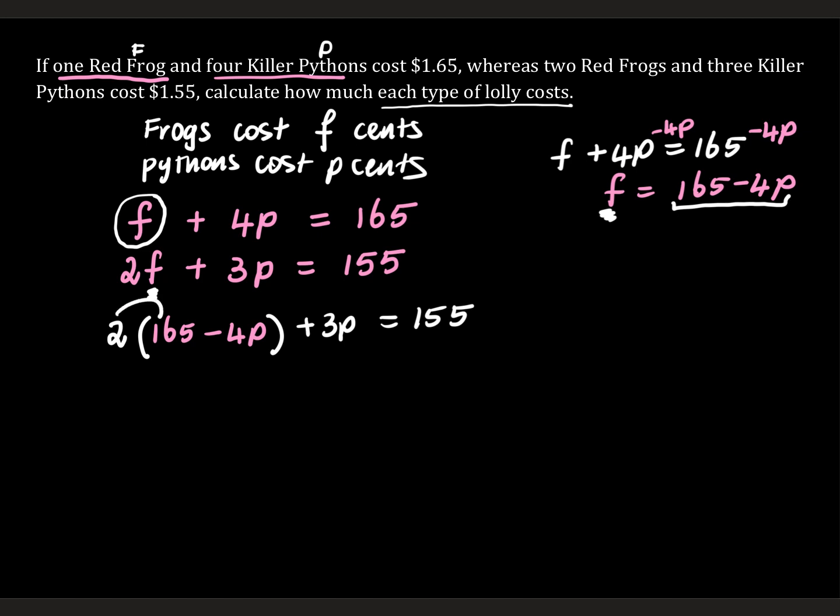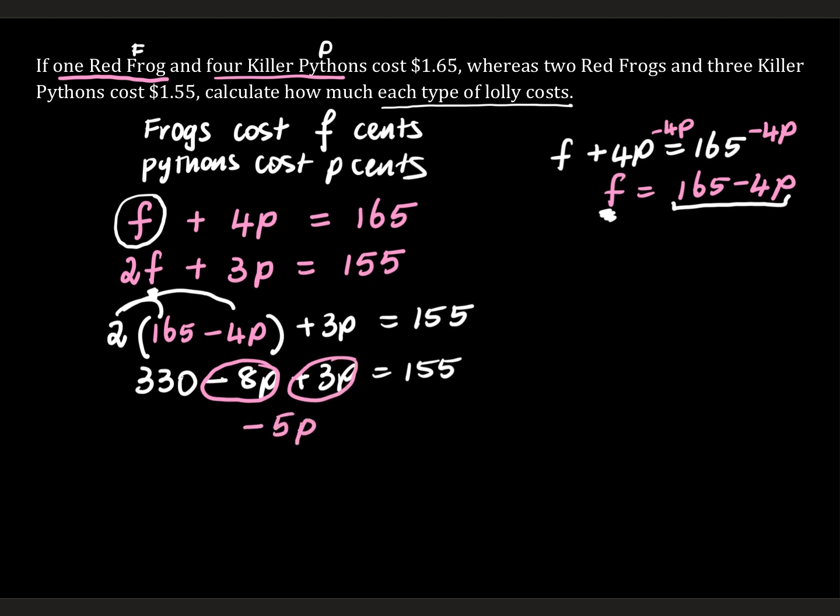Expand out these brackets, 2 lots of 165, minus 2 lots of 4P, that's 8P, plus 3P equals 155. Collect like terms here, minus 8 plus 3, that's going to give me minus 5P. 330 minus 5P equals 155.